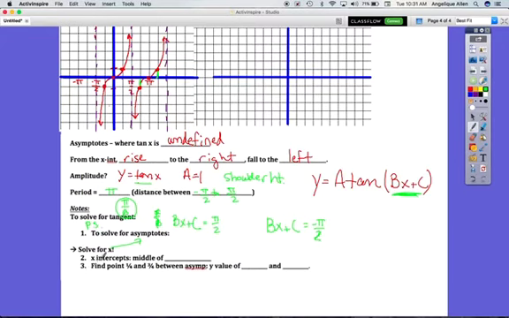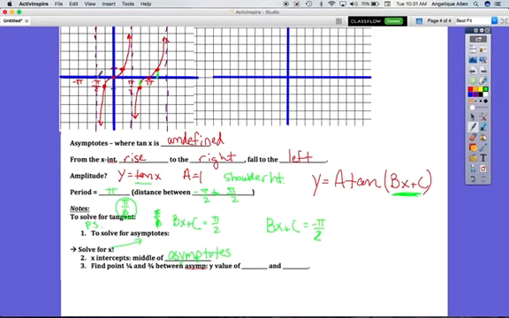So finally, the x-intercepts are in the middle of the period every time. Halfway between the asymptotes, you'll find where the graph crosses the x-axis.